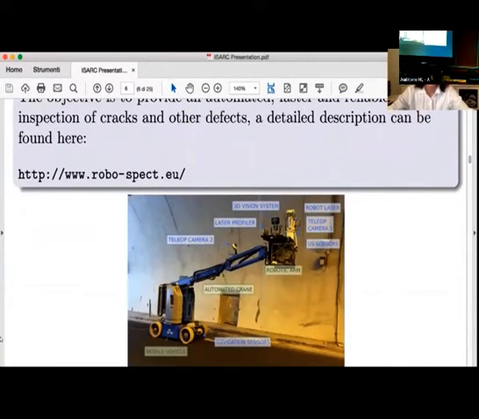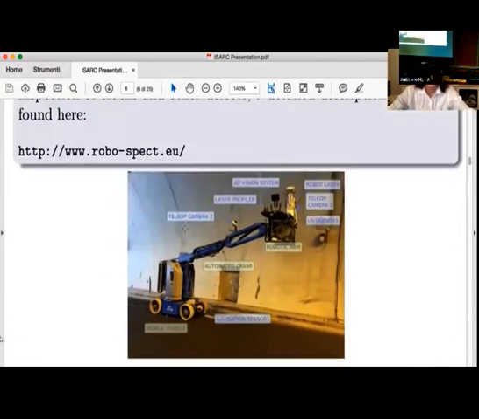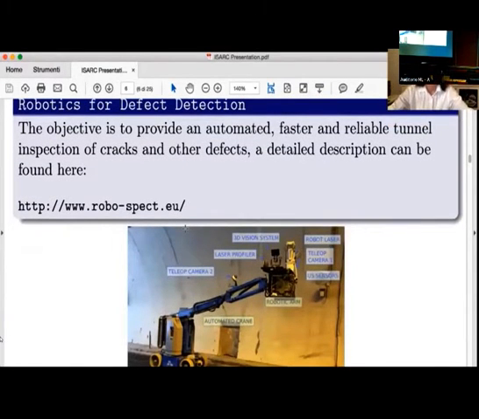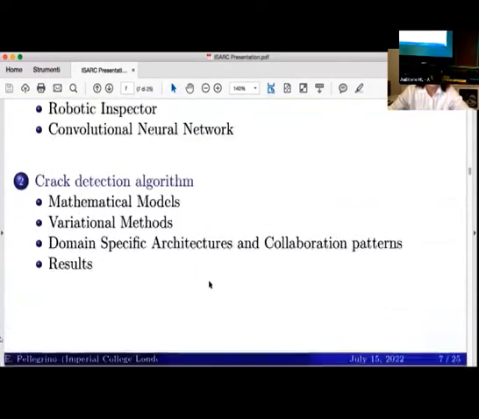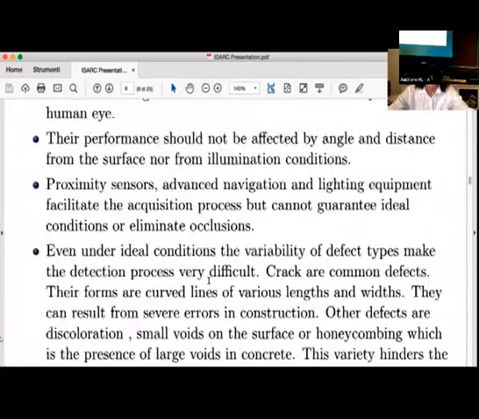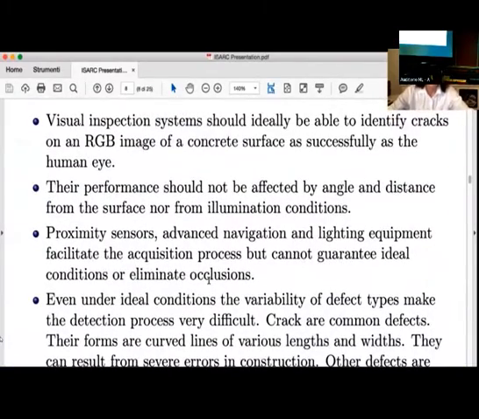And this was in particular, this device was developed by the Robospect project. It's an European project whose aim is to develop the machine that can detect the cracks in tunnel. The main aim of this machine is to detect crack in image that was captured by this machine.